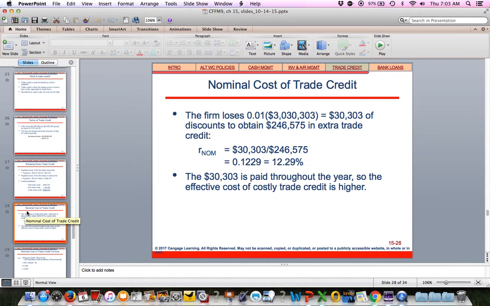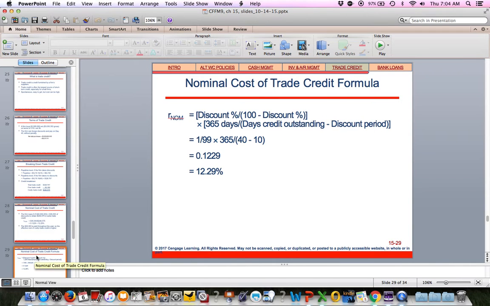The $30,303 that we're not taking advantage of, divided by the $246,575, is 12.29%. The $30,303 is paid throughout the year, so the effective cost of costly trade credit is higher. So there's a 12% cost of having that extra credit, the extra $246,575, which is a high number.